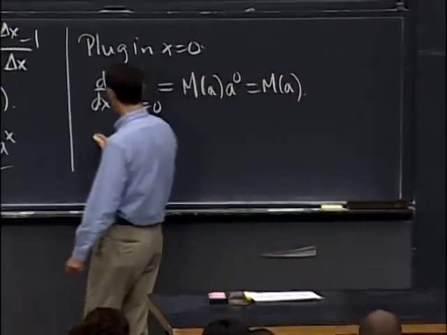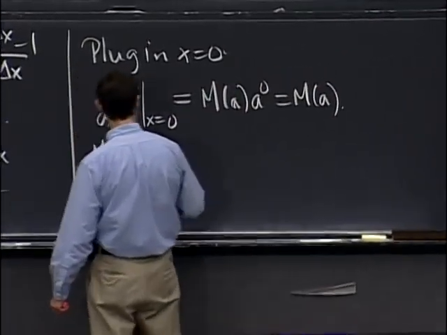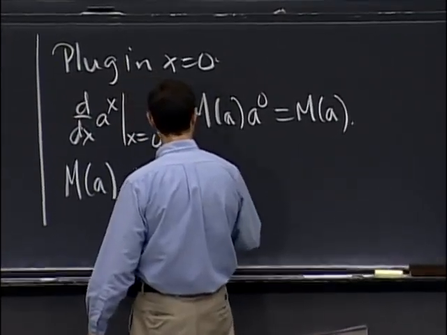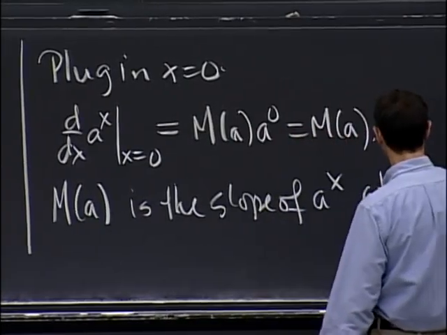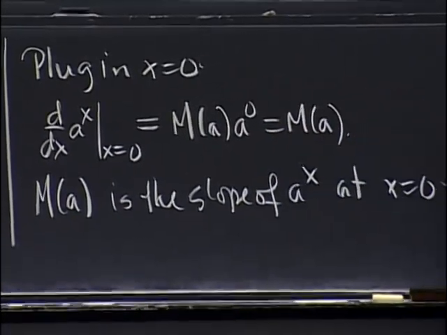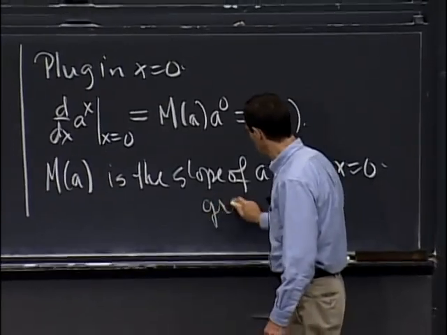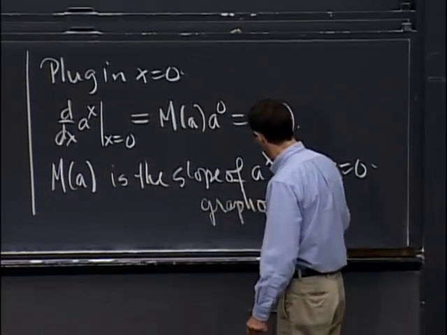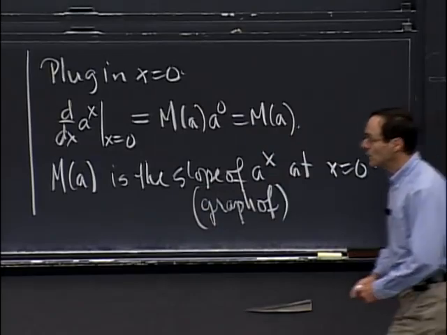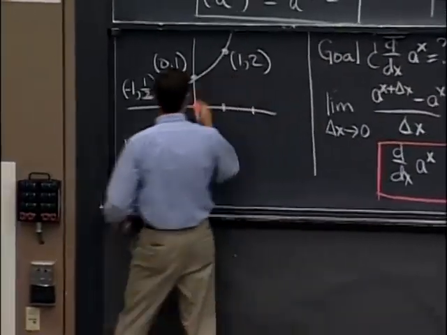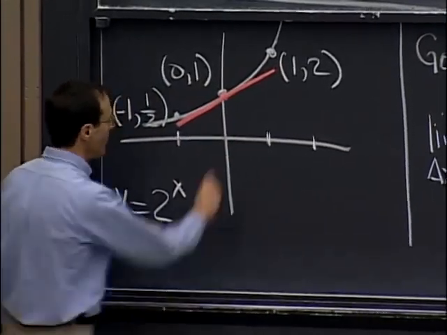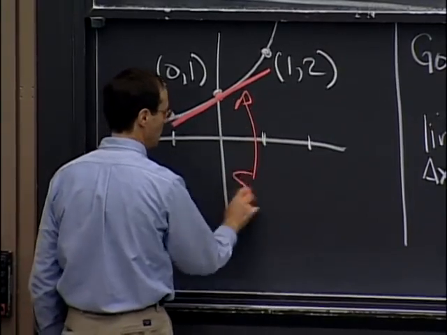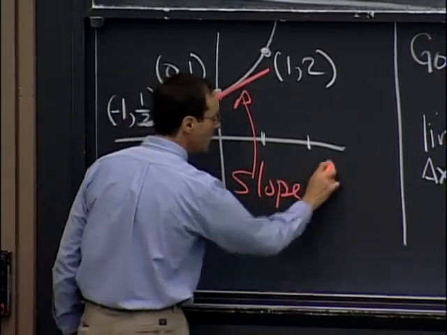M of a is the derivative of this function at 0, so m of a is the slope of the graph of a to the x at 0. So again, over here, if you looked at the picture, I'll draw the one tangent line in here, which is this one here. And this thing has slope, what we're calling m of 2.